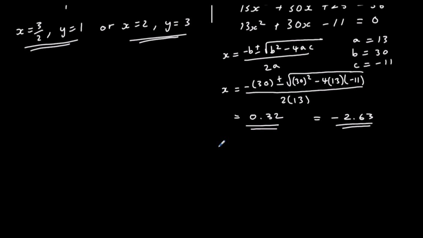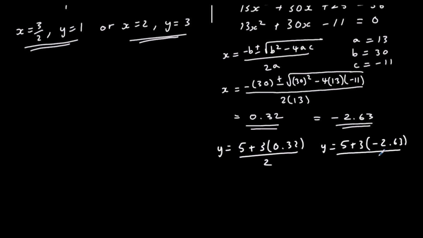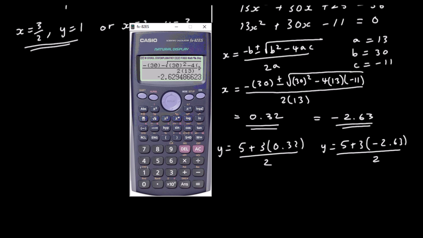So y is going to be 5 plus 3 0.32s over 2, and y will be 5 plus 3 negative 2.63s over 2. So I'll do the second one first, because it's in the calculator at the moment. 5 plus 3 times the answer over 2, and that's negative 1.44.